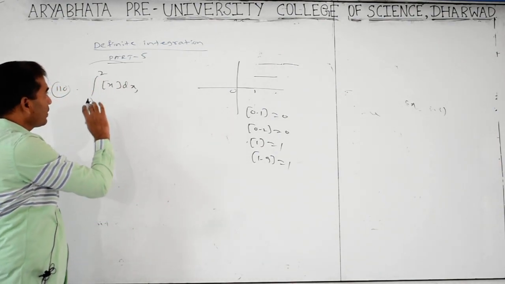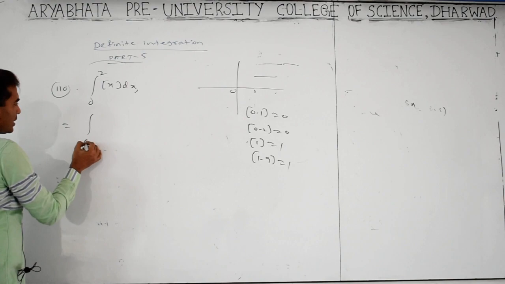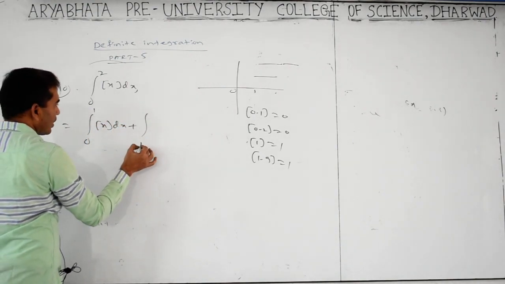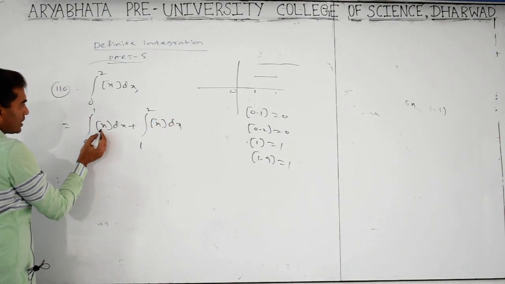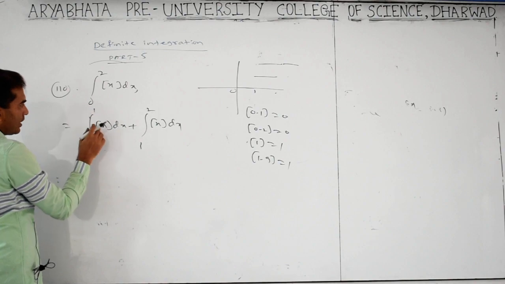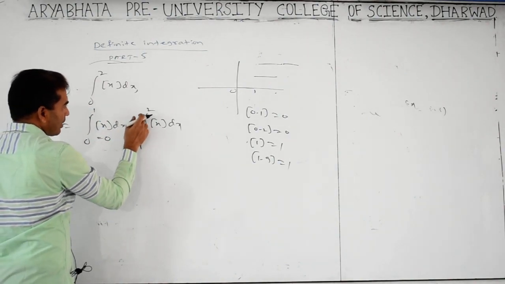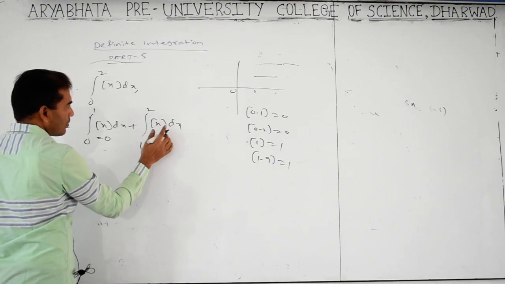So it changes at every integer. So 0 to 1 step x dx plus 1 to 2 step x dx. Between 0 and 1, what is the step value? Any number you take, 0.9, step of 0.9 is 0. Between 1 and 2, any number you take, 1.5, 1.6, 1.7, step of 1.6 is 1.